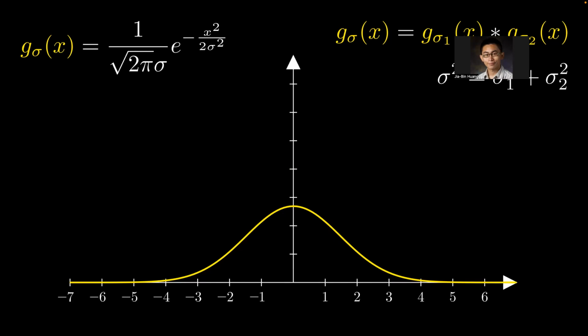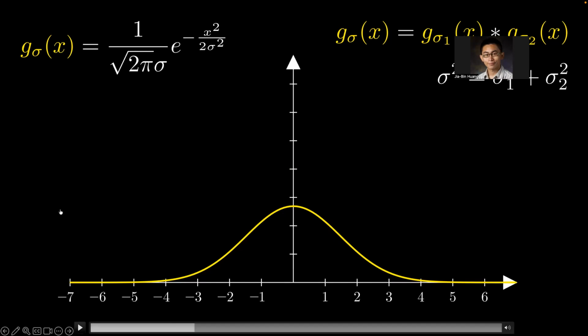And because applying a smaller Gaussian blur is computationally much cheaper, typically you want to apply the Gaussian blur sequentially to achieve the same effects.